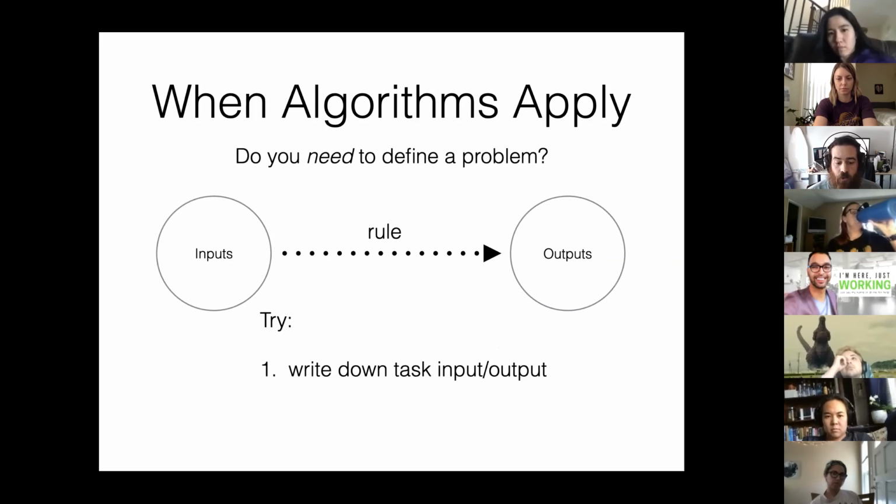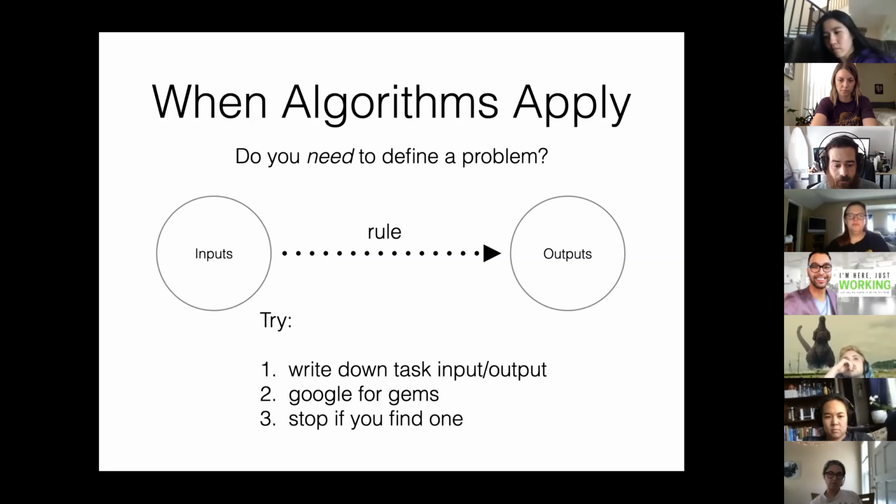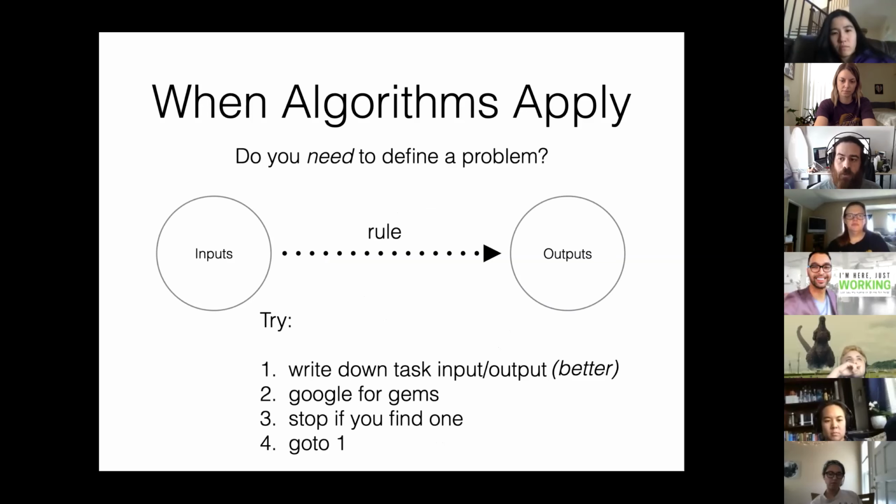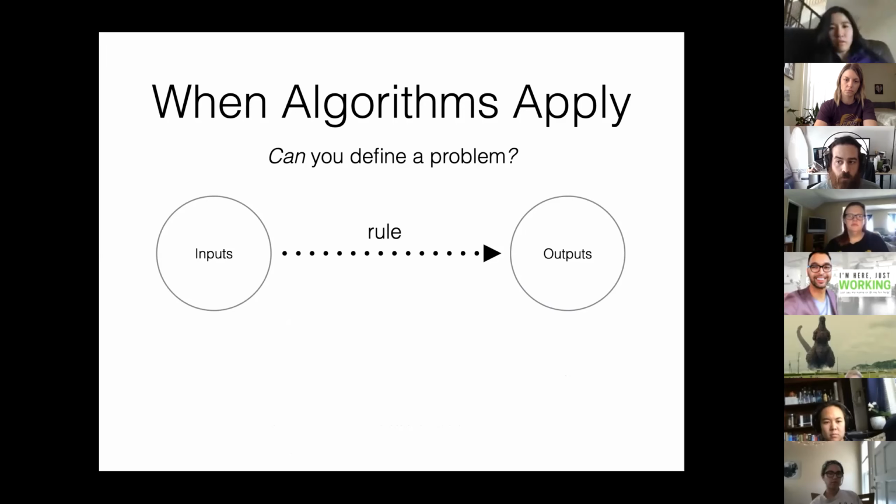Instead, just write down roughly what you want to do. Google for gems that do that thing. Stop if you find one. You don't need an algorithm. Just look for gems. If you don't find one, more precisely write down that input-output task and Google for gems again. If this process fails, if you don't find a gem to handle your job for you, then you might actually need an algorithm. You might need a customized solution.